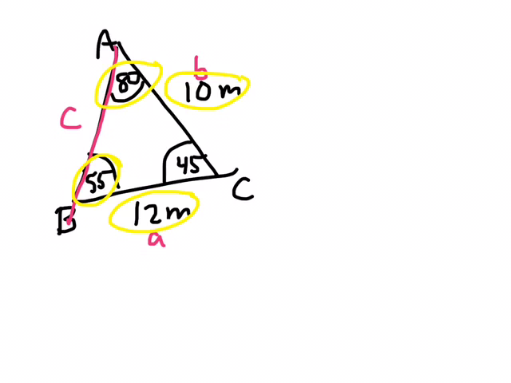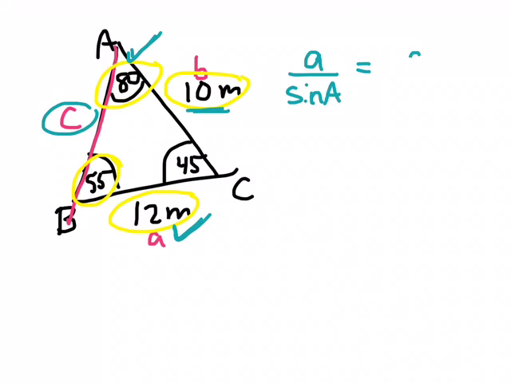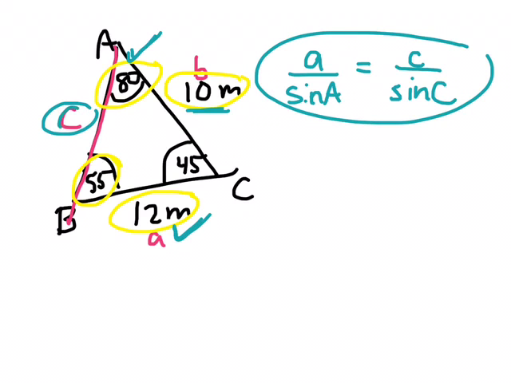Does it matter though? It doesn't matter, but because this was given to us, maybe in case you make a mistake with B, let's use the ratio that was given in the first place. So A over sine A is equal to C over sine C. We're doing the same thing, except now we're finding C. So plug in your values.